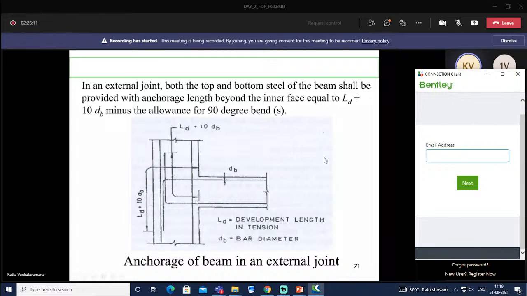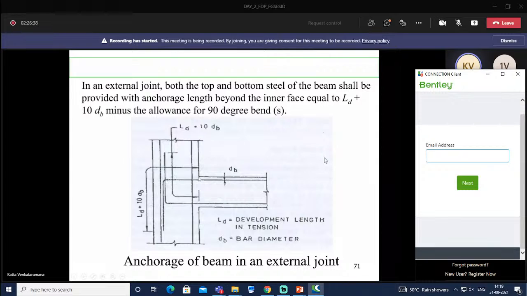In an external joint, this I showed in the case of one masonry building in Bhuj, which got damaged in the Bhuj earthquake. In an external joint, both the top and bottom steel of the beam shall be provided with the anchorage length beyond the inner face equal to LD, that is development length, plus 10 times diameter minus the allowance for 90-degree bends.